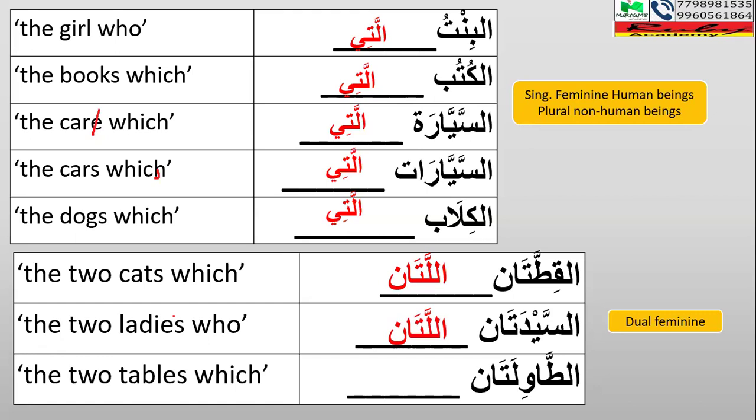At-tawilatani, two tables, allatani. Same, because it is dual, the rules are not changed. Only the rules are changing for the non-human plurals. Otherwise, everything is according to the gender and number.